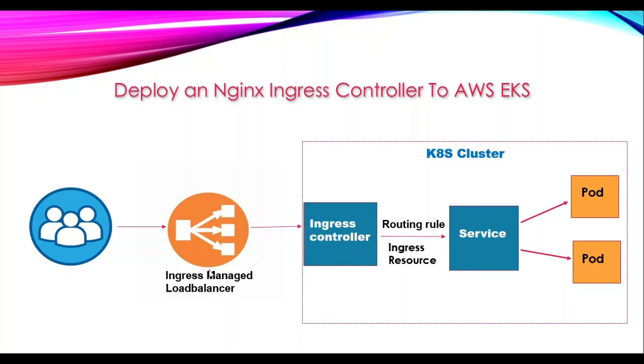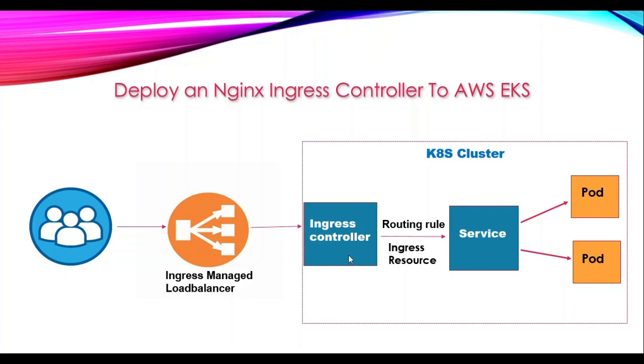So when a user sends traffic, it will hit the ingress managed load balancer here in AWS. The work of this ingress managed load balancer is to send it over to the ingress controller in our cluster. The ingress load balancer just acts as the entry point for your cluster, so it will forward it to the ingress controller.